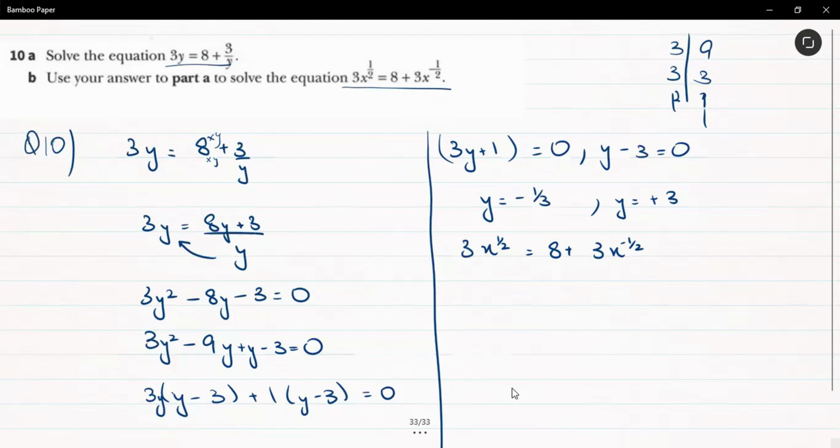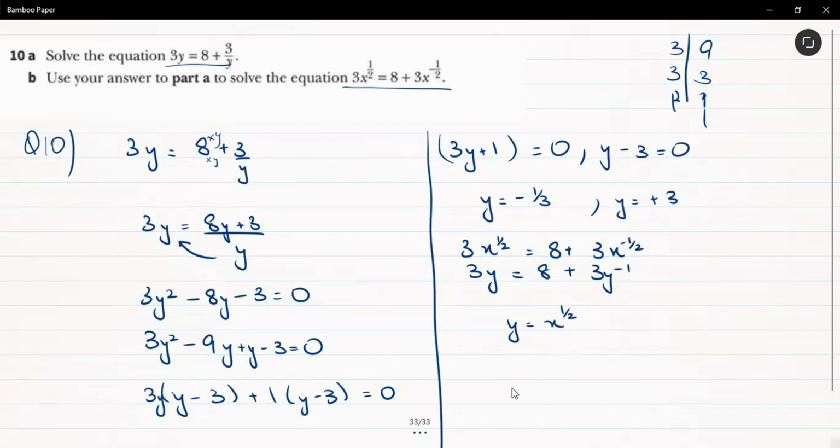You can notice that if we compare this with the other equation, 3y is equal to 8 plus 3y raised to power negative 1, we can say that they have assumed that y is equal to x raised to the power 1 over 2. And that's what we are going to take into consideration.